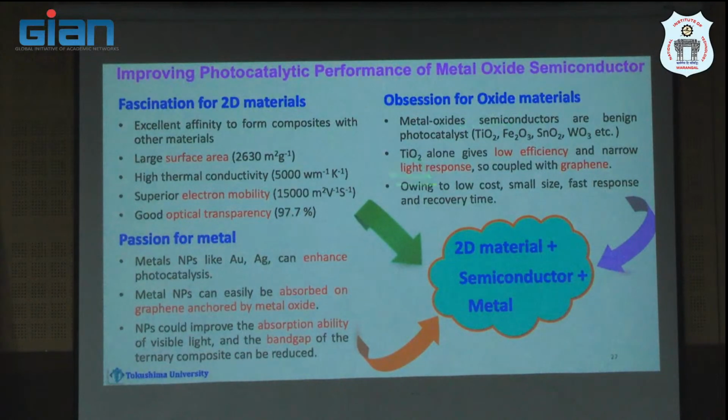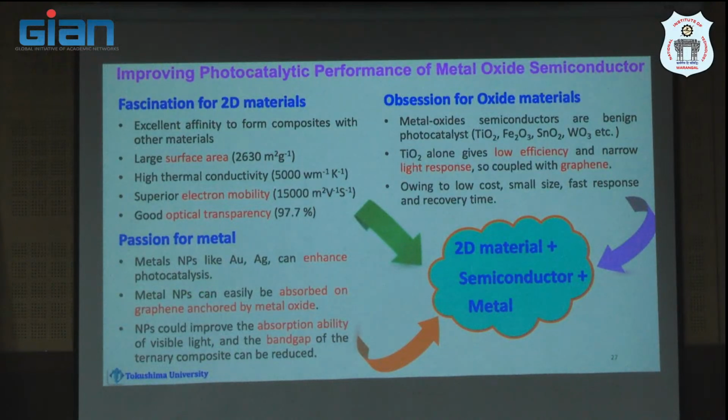Then oxide material, although TiO2 is one, other oxide materials can be tried with this two-dimensional material, like Fe2O3, SnO2, WO3. And those materials should have low cost and small size. That is crucial. In addition to two-dimensional material and metal oxide, metal is also added to make a two-dimensional semiconductor and metal composite. So metal enhances photocatalysis.